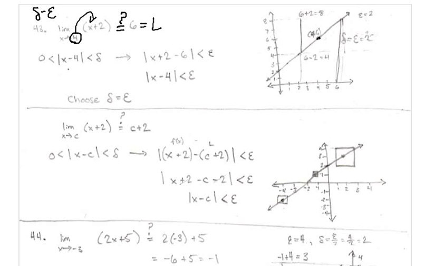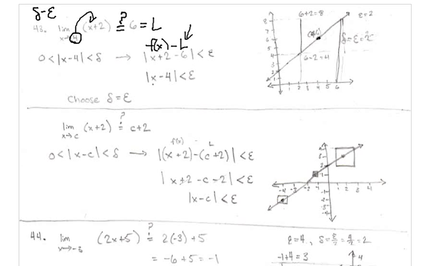So if x is no more than some delta that I have to find away from 4, that should imply that my function f of x never gets more than epsilon away from my value of L. So I have to show that the absolute value of x plus 2 minus 6 has to be less than epsilon for any epsilon that you give me.